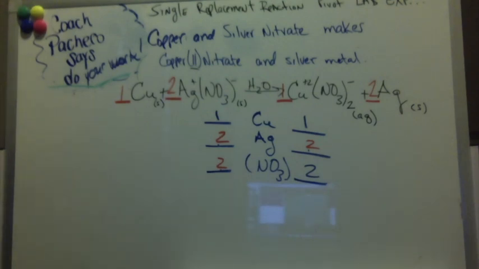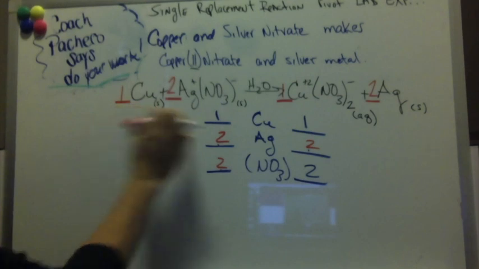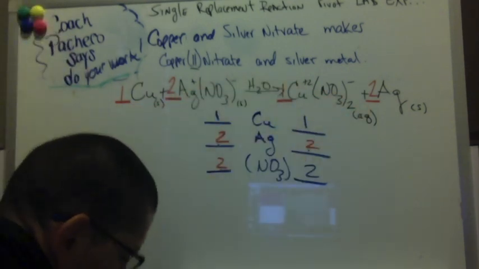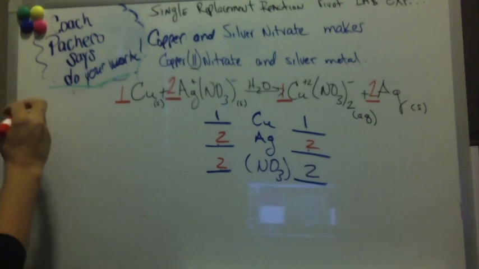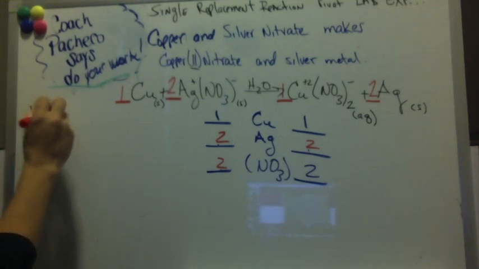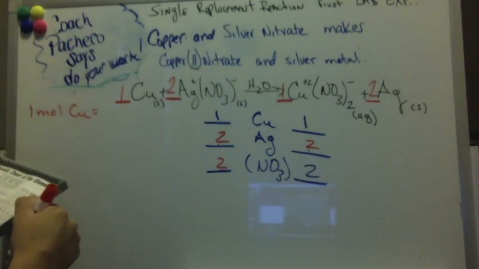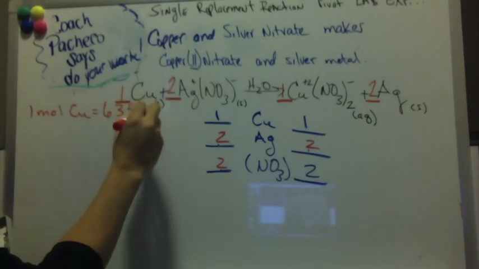The next thing we want to do is find our molar masses. And we're just going to find the molar mass of copper, all of them. Actually, finding them all would be good practice. To find the molar masses, we need a periodic table. 1 mole of copper is equivalent to 63.546 grams.